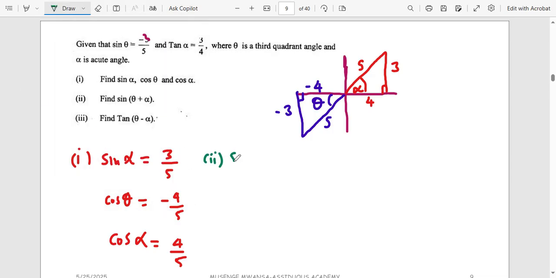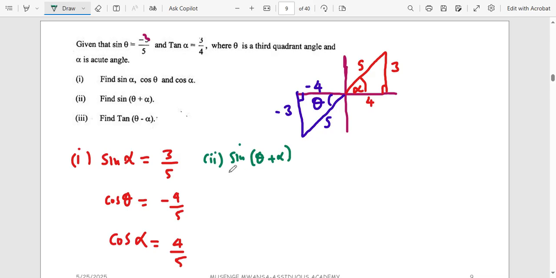We want to find sin. I said we are not doing special angles today, but for this one, there's no way we can find it without special angles. If you have got sin and then two angles are adding, you need to just know the identity. This means sin, you get a first angle. Okay, I want to write it down so that I can have space to write the next one.